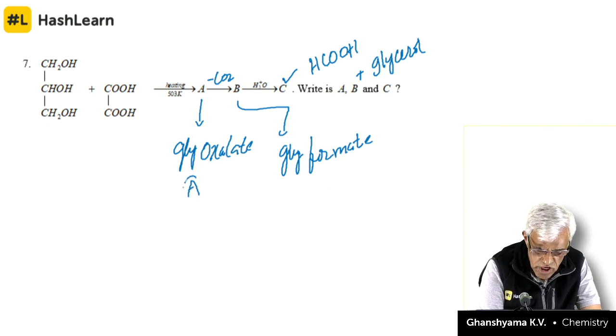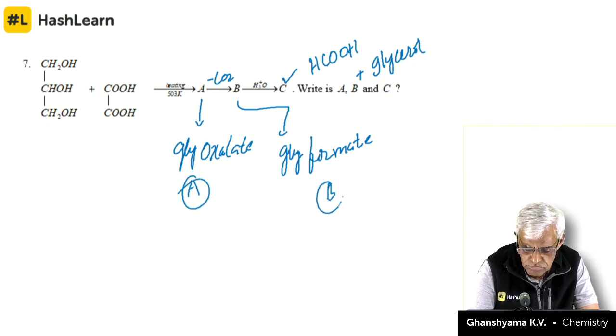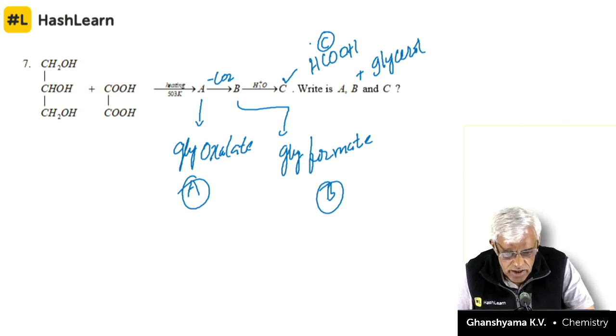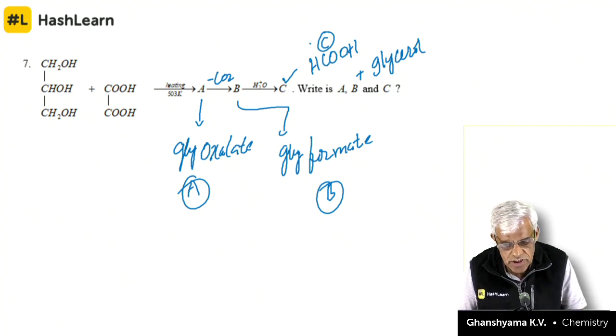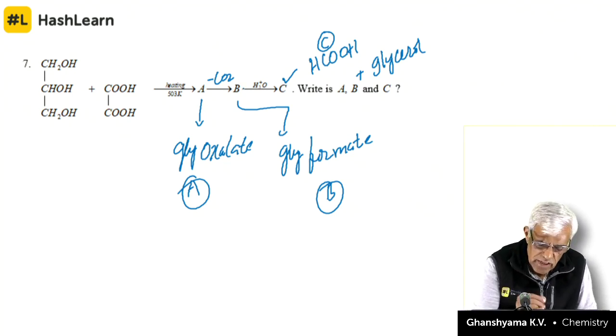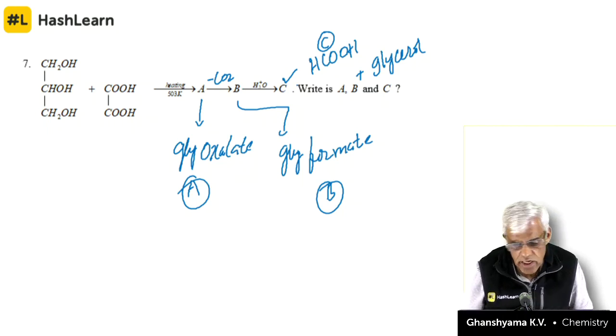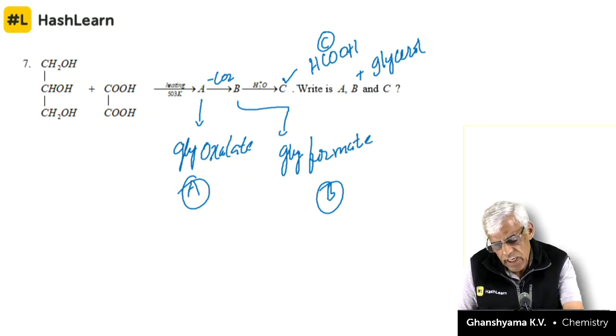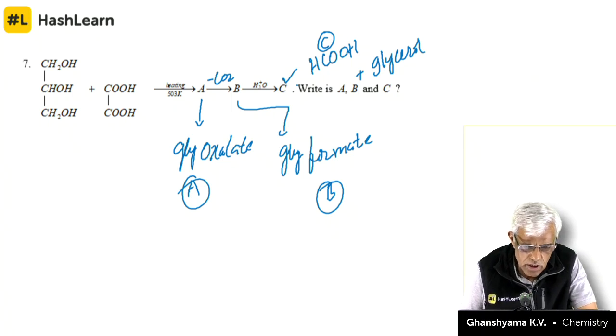So this is A, this is B and this is C. Glycerol is got back. Glyceryl oxalate on hydrolysis will give glyceryl formate, which on hydrolysis will give formic acid and then glycerol. Very good.